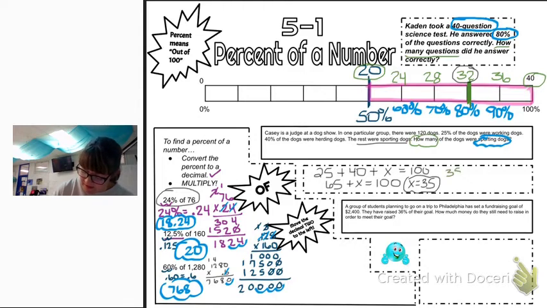So I would need to find 35% of 120. Well, that looks like the problems that we just did where we turned the percent into a decimal, so 35 hundredths, and then multiplied by the whole number. So 35% of 120, we'll do 120 times 0.35. So 120 times 35 hundredths.